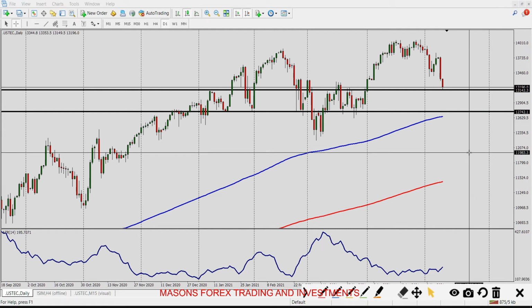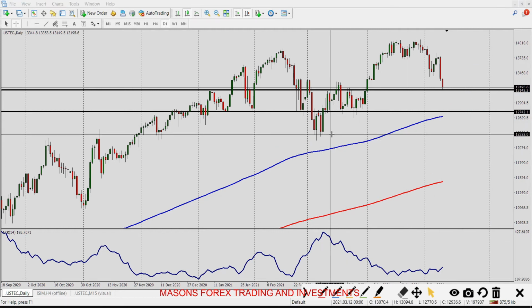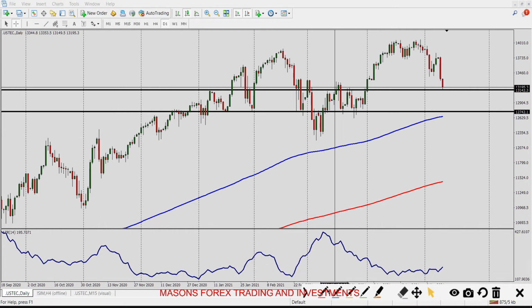And then what could happen is price may decide to come back here to this level, maybe retrace a bit, and eventually collapse further, and it may hit your stop loss.